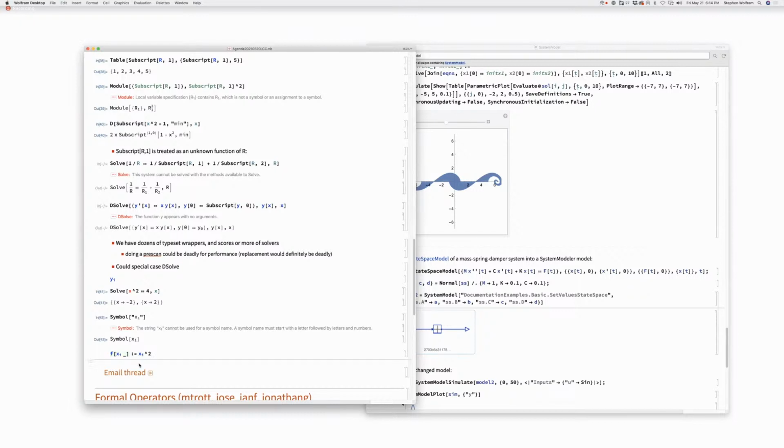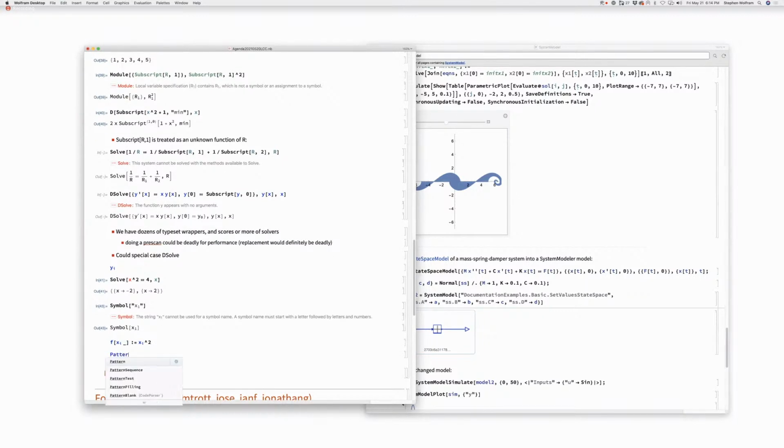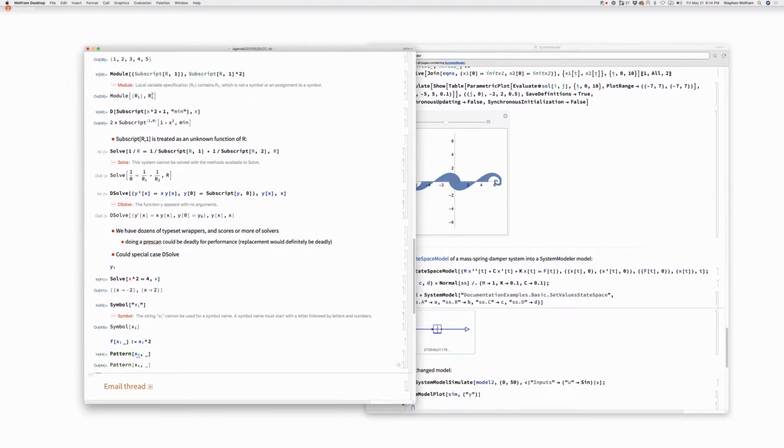Okay, so the other possibility is that the pattern object that is x sub I blank could take something other than a symbol on its left-hand side. Right, but what you have on the right-hand side doesn't have pattern in it. I understand that, but this is the same x.